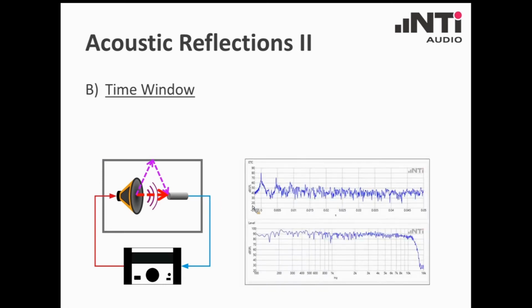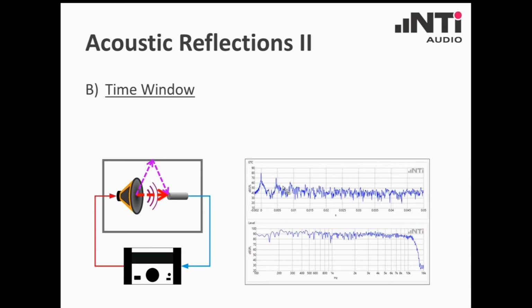So when we look at that on a graph, up here we have the energy time graph. Down here we have the calculated frequency response. Up here you see the first incoming sound. This is the direct sound. This red arrow represents this peak here, followed by more peaks which are definitely coming from these reflections.